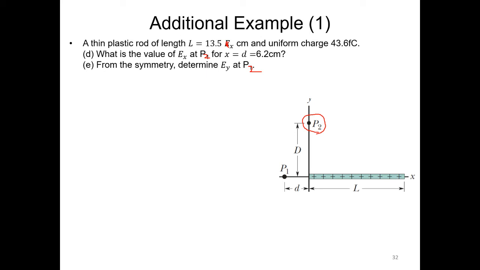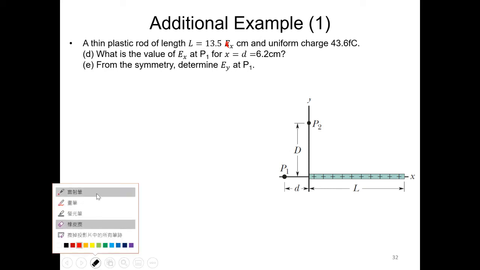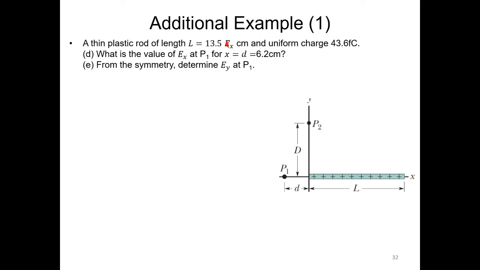Is it or not? P1, what is the value? No. No, not that difficult. It is for other question. If you have the textbook, you can see that is for other question.